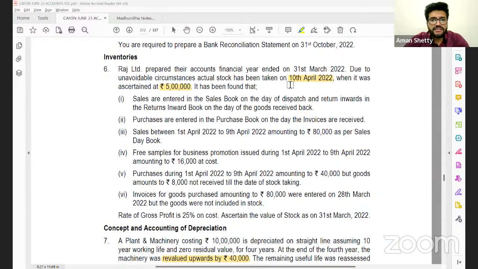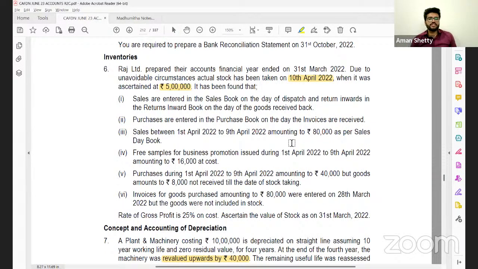Next, add. First, we will obviously add cost of goods sold during 1st April 22 to 9th April 22. Given in the question again. See this point? Third point, sales between 1st April 22 to 9th April 22.